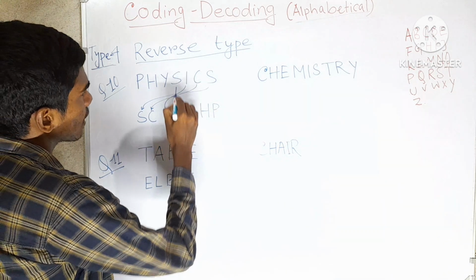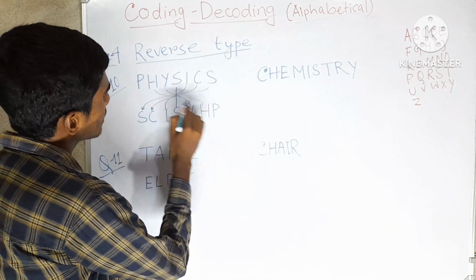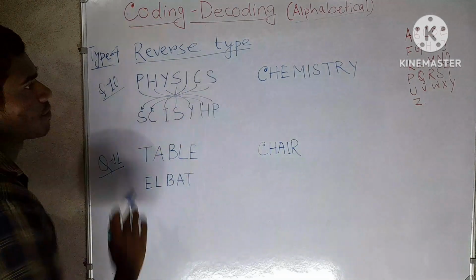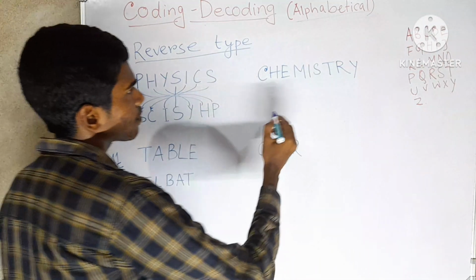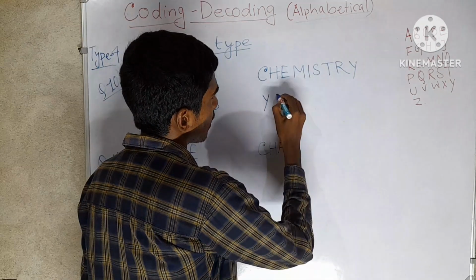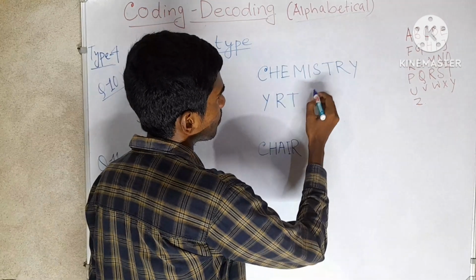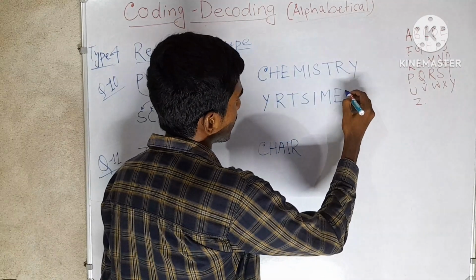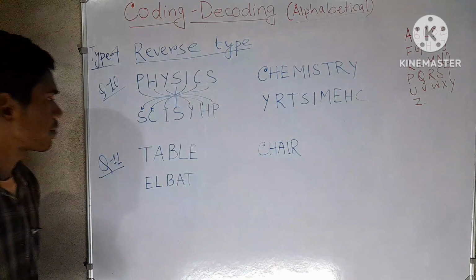Similarly, I, S, Y, H, and P. That means the reverse order. In the same way, chemistry is represented as Y, R, T, S, I, M, E, H, C.